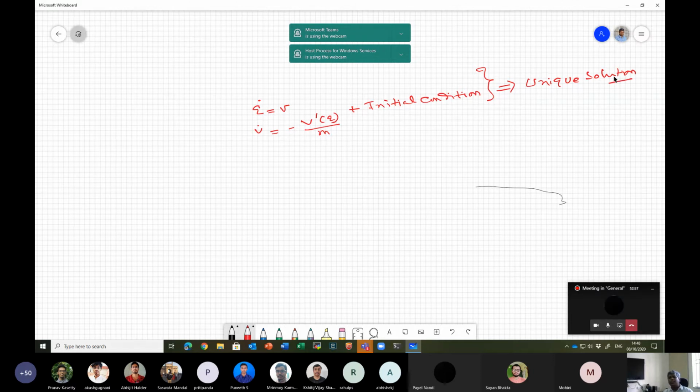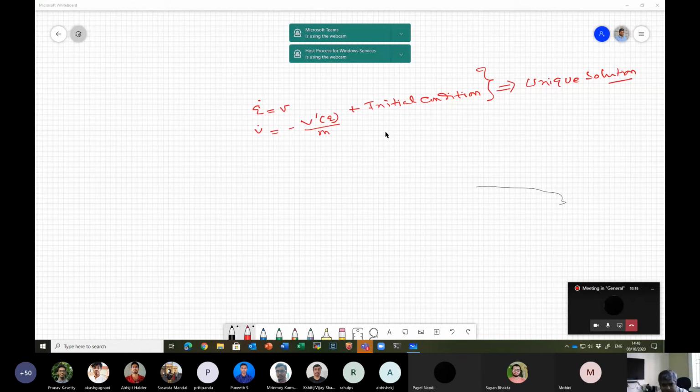How you solve this equation, it really doesn't matter what method you use. But if you solve this equation and put in the initial condition, you always get a unique solution. That is the main idea.